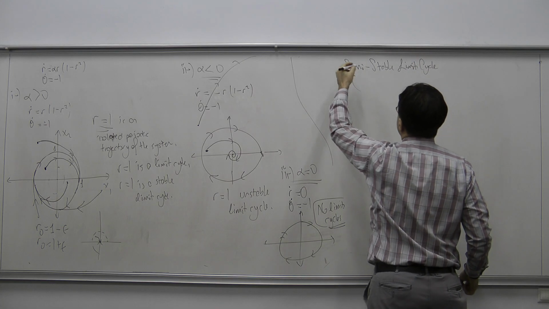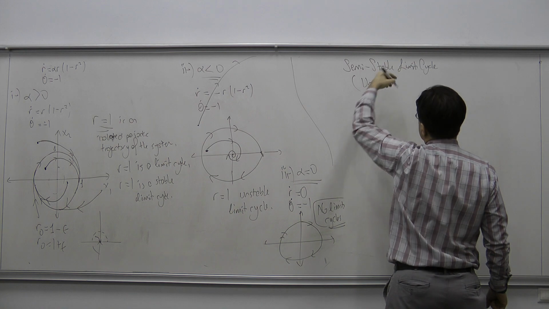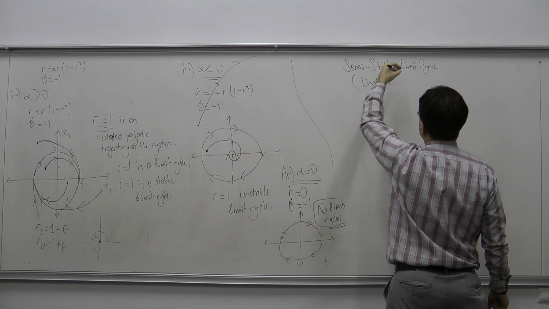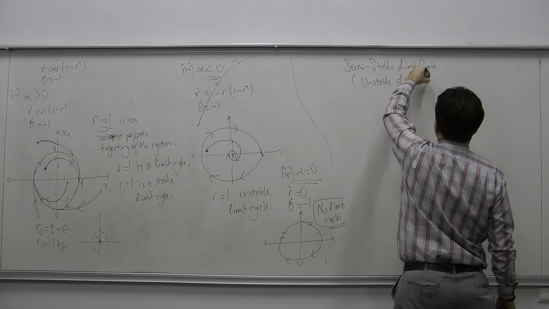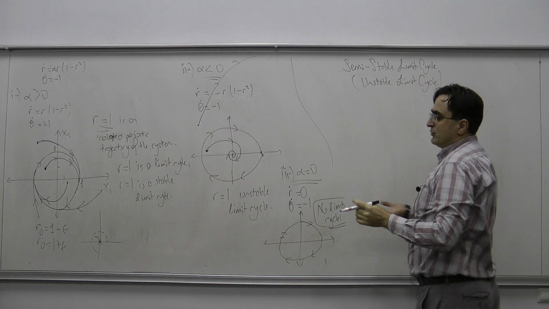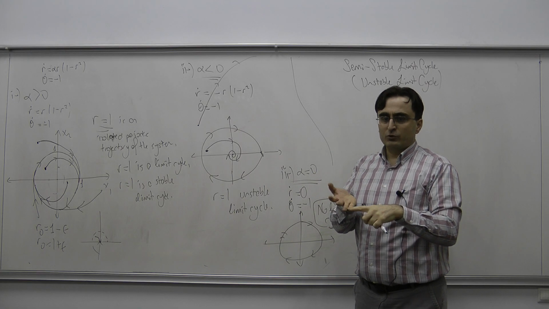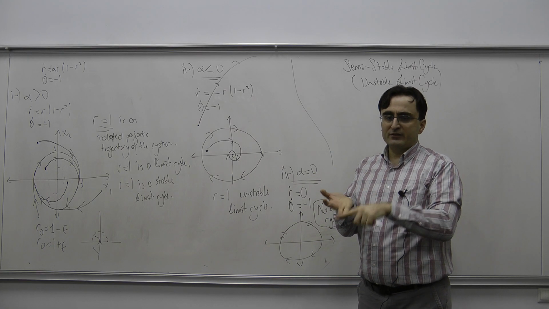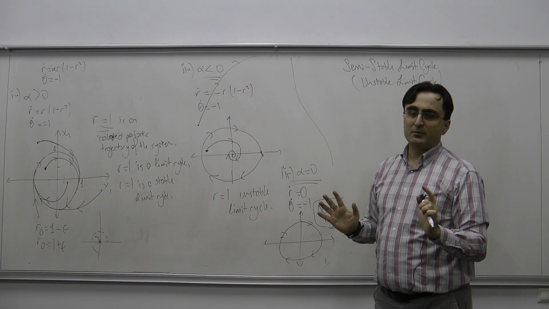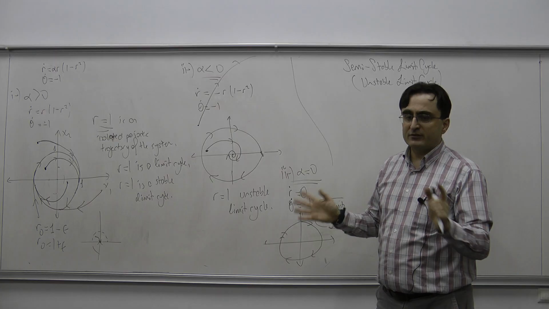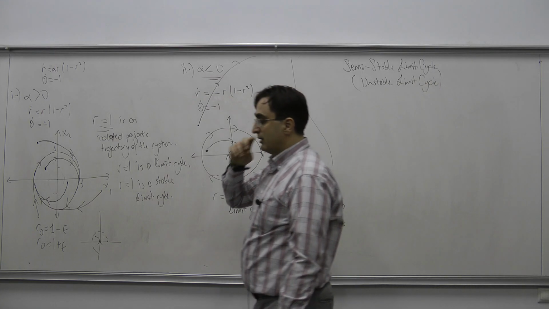And it is actually an unstable type of limit cycle because there are diverging trajectories from it. So if you would like to classify the limit cycles into two, stable and unstable, then a semi-stable limit cycle is an unstable limit cycle because there are always unstable trajectories diverging away from it.